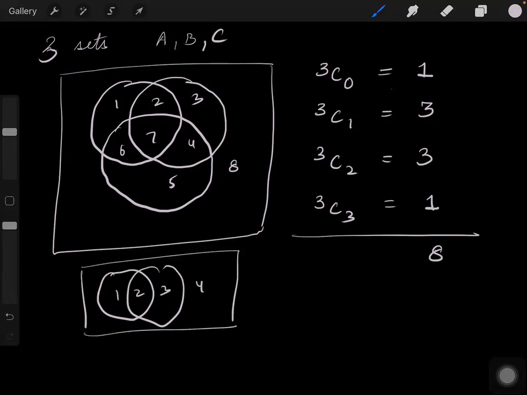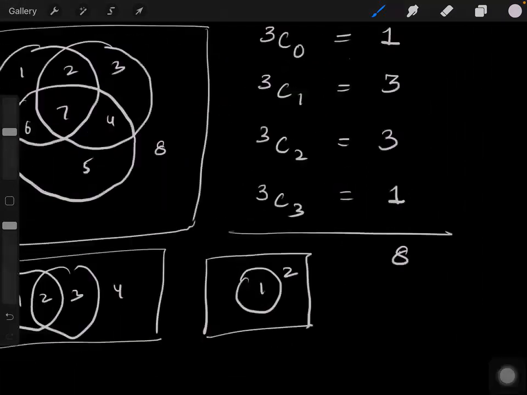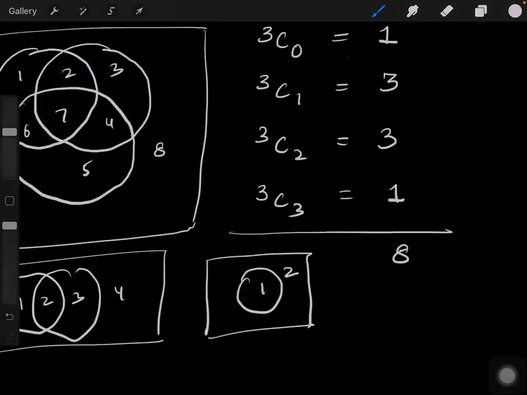And if we had just a single set, then we had altogether 2 regions. So if we graph a series for this, it starts from 2, then goes to 4, then goes to 8. So obviously, for 4 sets, the next number in the series should be 16.